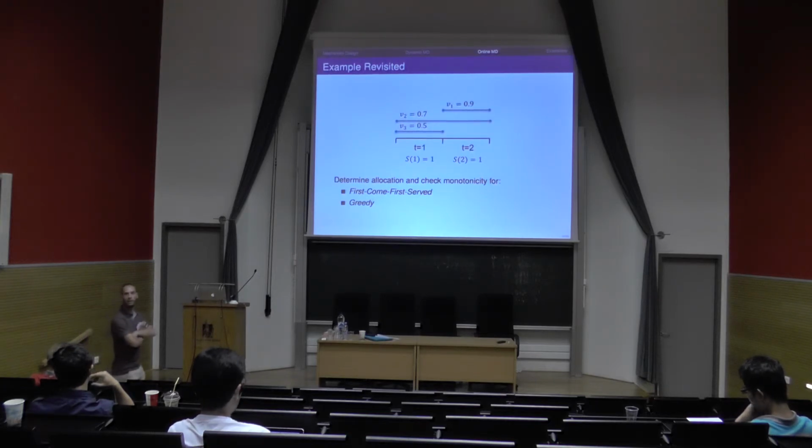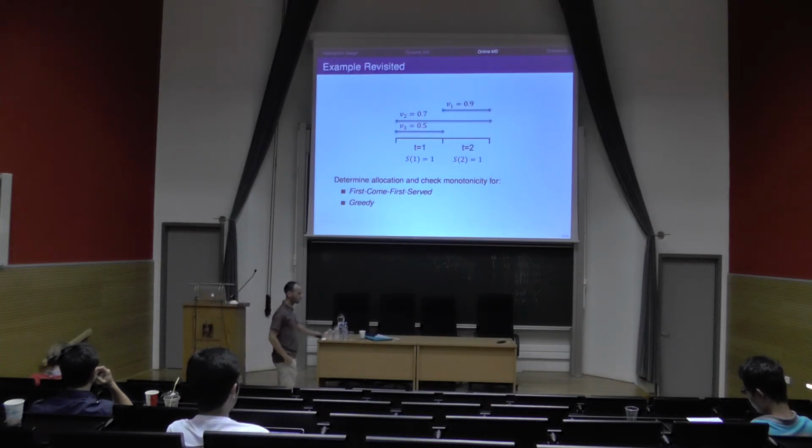So that's an exercise. What could we charge V2 and V1 so that it might be incentive compatible? What's your intuition there? Let's discuss.